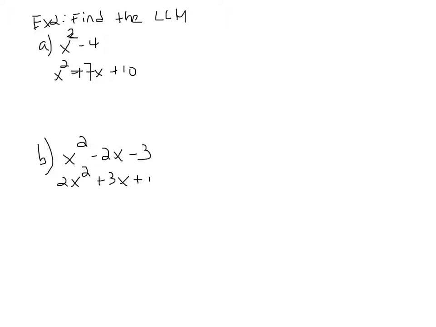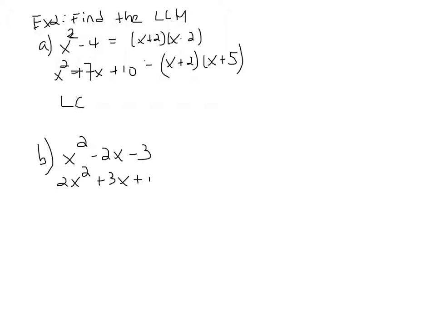Finding the LCM of binomials and trinomials, we follow the same procedure that's outlined on the previous page. We first need to factor everything, and x squared minus 4 factors into x plus 2, x minus 2, and this trinomial factors into x plus 2, x plus 5.